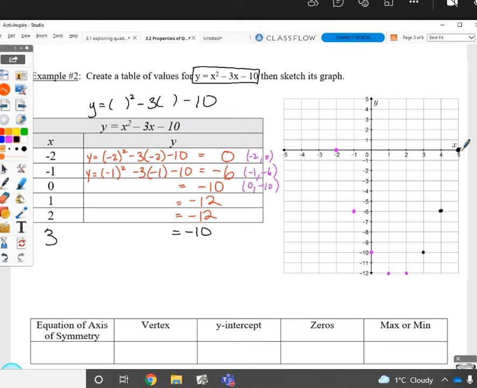So, when we slowly but surely graph our smooth curve, we have to remember the vertex is somewhere down here. We don't know where, but it's somewhere down there.